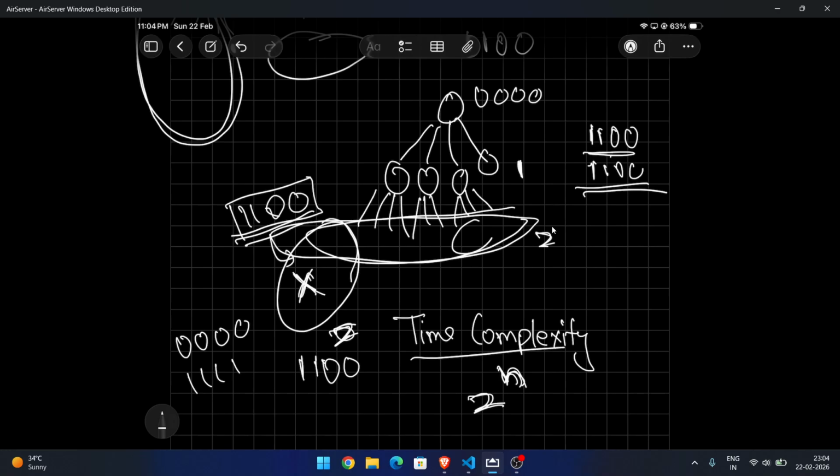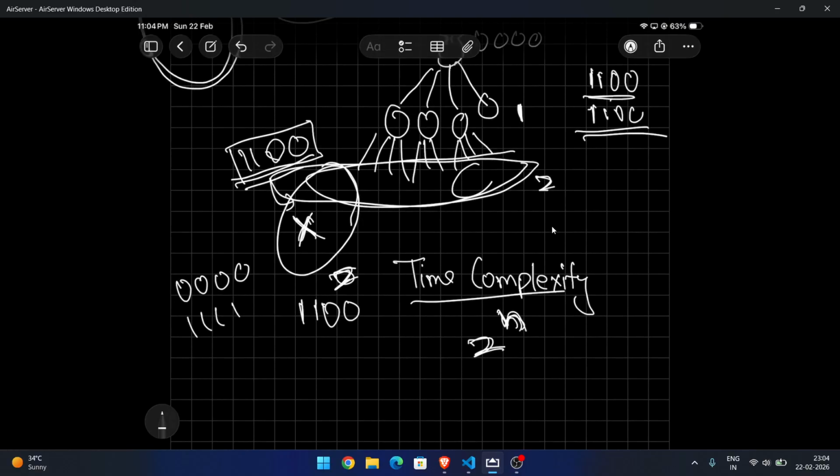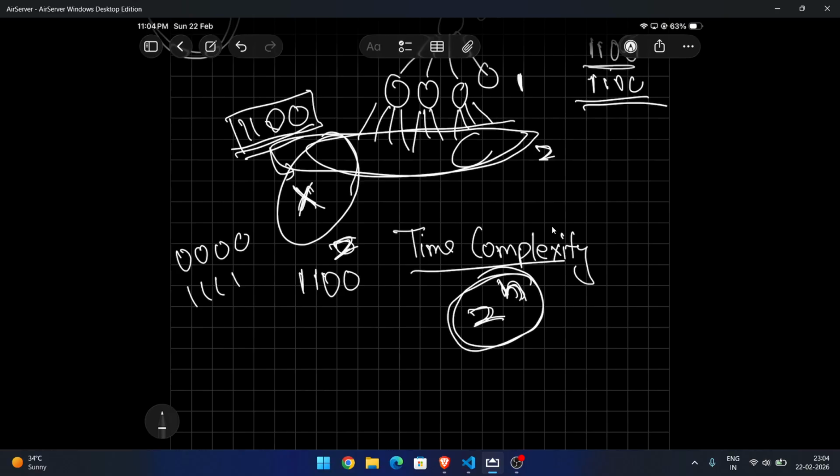Okay, and we are finding for every state just one time. We are just looking at every step. At every stage we are performing a maximum of n operations. So the time complexity would be n times 2 to the power n.